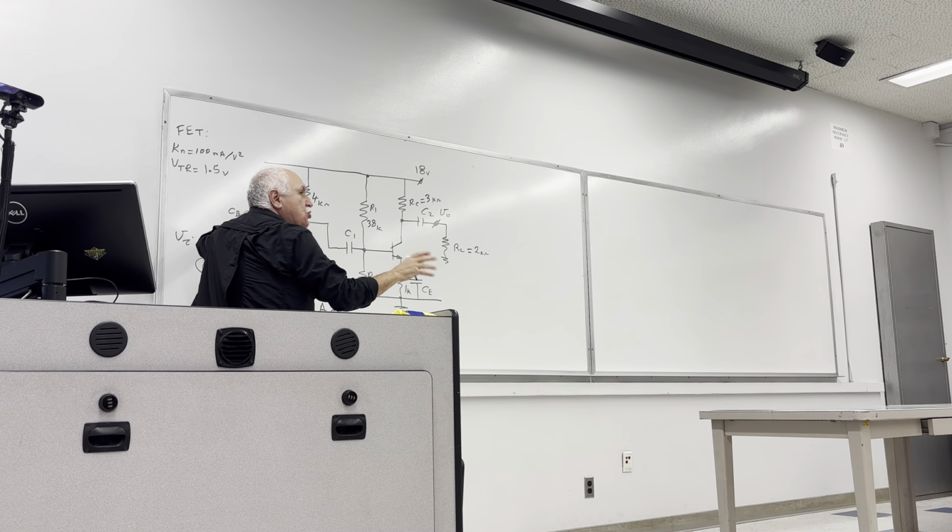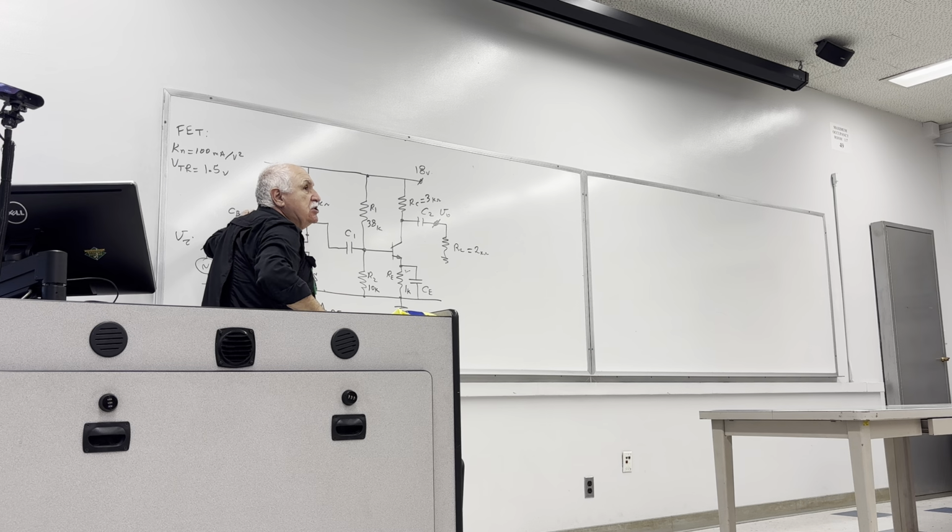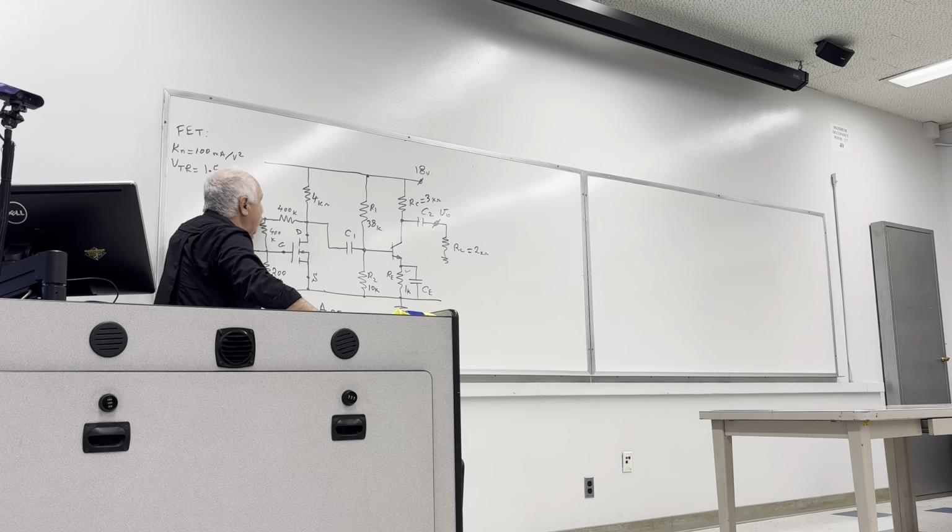It will lead to loss of voltage gain in this circuit. So this CS amplifier would not provide the same voltage gain that it will provide with the capacitor, because there will be a local feedback in here.